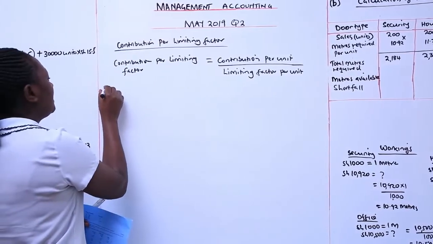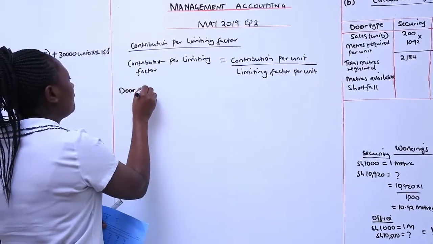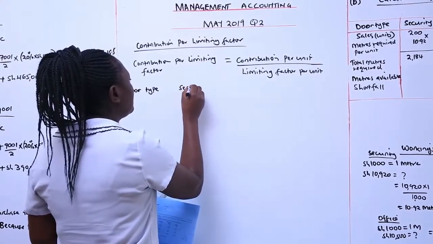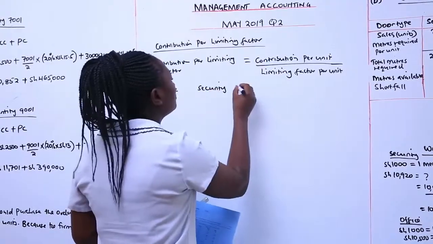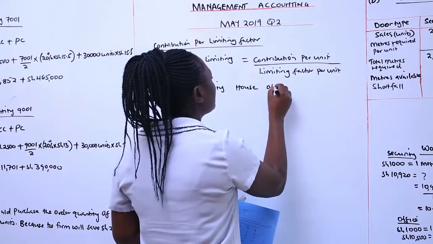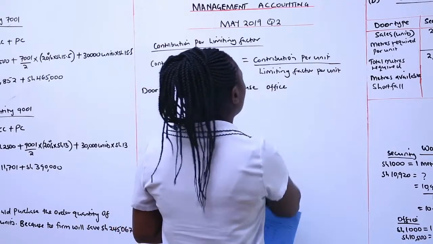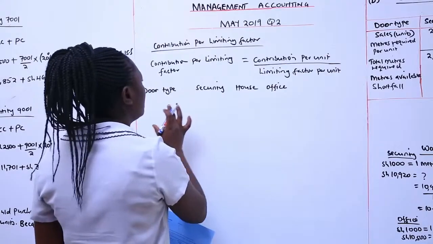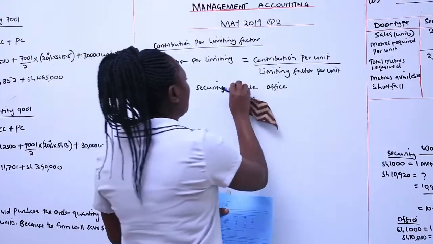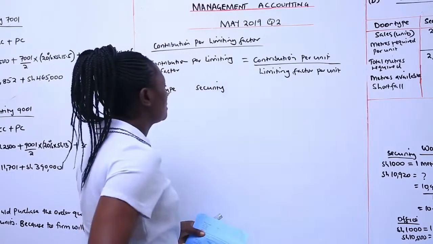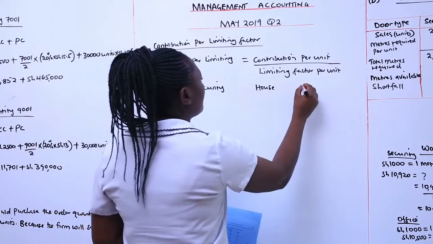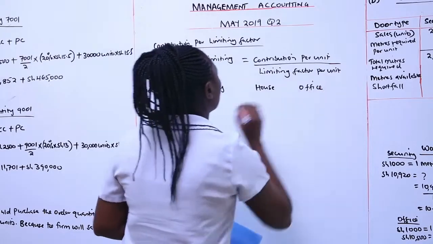So we'll have it in this format. We have door type. We have security door, house, then office.